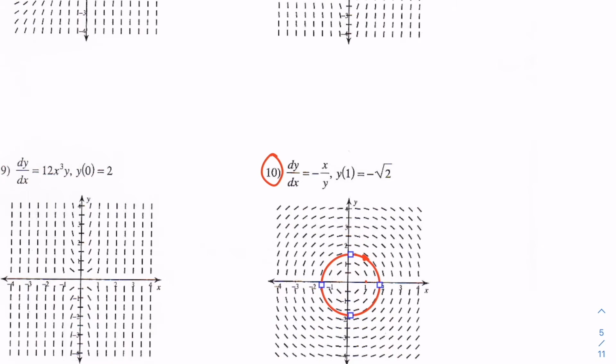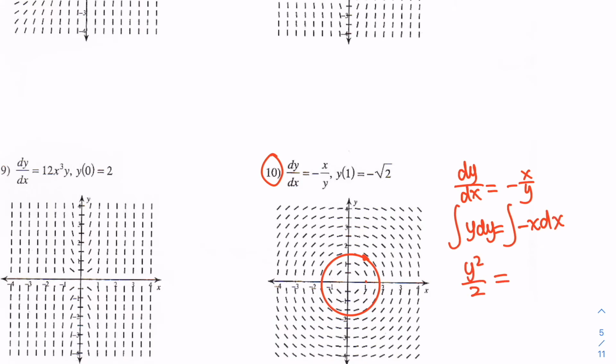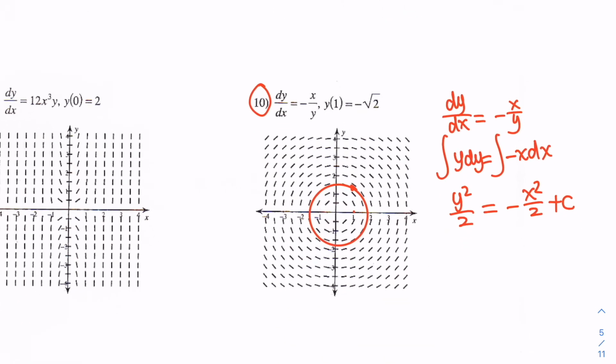It looks like a circle. Let's have a look at the solution. So dy over dx equals negative x over y, so y dy equals negative x dx. It's y squared over 2 equals negative x squared over 2 plus c. When x equals 1, y equals negative 2, we plug it in.